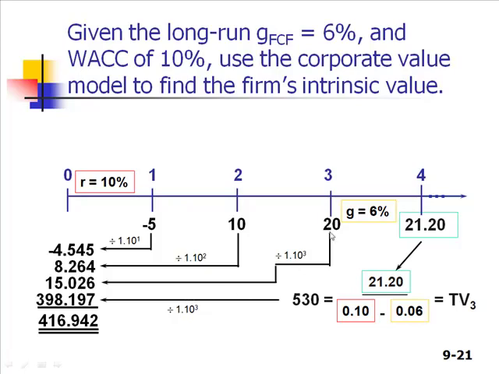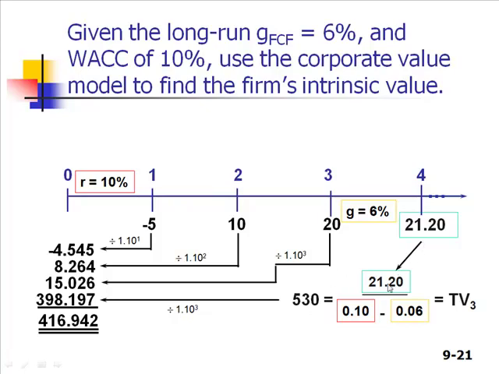Then we go over here and we say, all right, at the end of the third year, we're entering a constant growth era. At the end of the third year, we reach a point where everything after that is going to be constant growth. So we can value the firm using a constant growth type formula at this point.